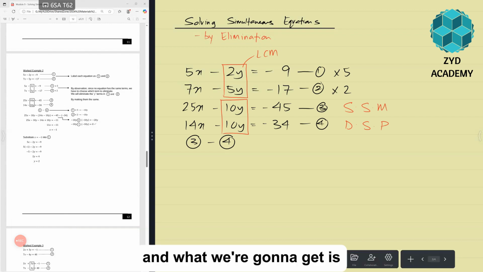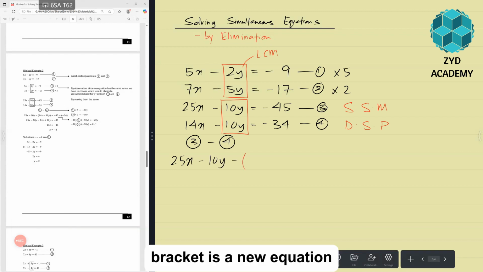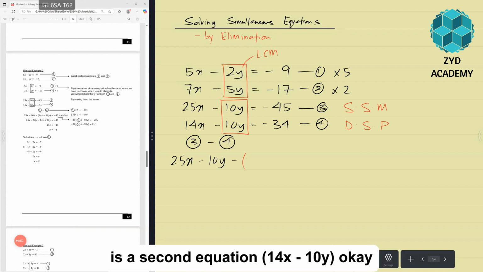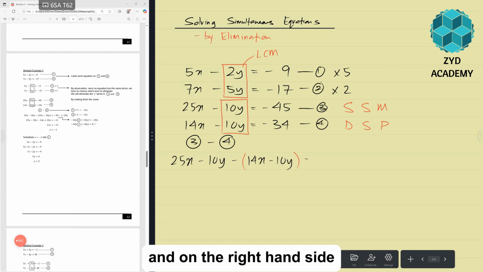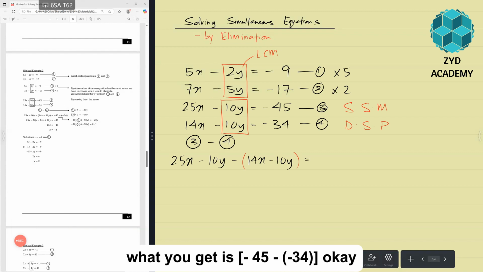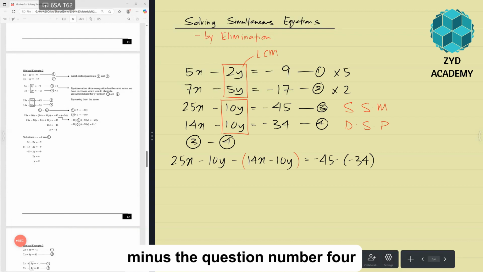And what we're going to get is, on the left hand side, 25x minus 10y minus bracket, this is the second equation, 14x minus 10y, close bracket. And on the right hand side, what you get is negative 45 minus 34. So this is equation 3 minus equation number 4.